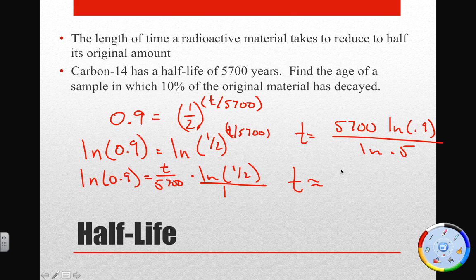Where'd my calculator go? I get t is approximately 866.4 what? I guess we're going years, find the age, so years.